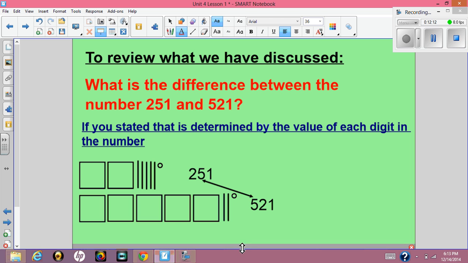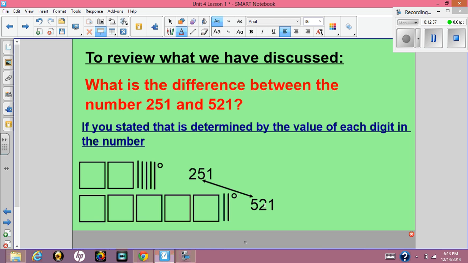If you look at the place value drawings of each of these numbers, here's 251. The 2 is in the hundreds column, so it has a value of 200. The 5 is in the tens column, so it has a value of 50. And then the 1 is in the ones column and has a value of 1.